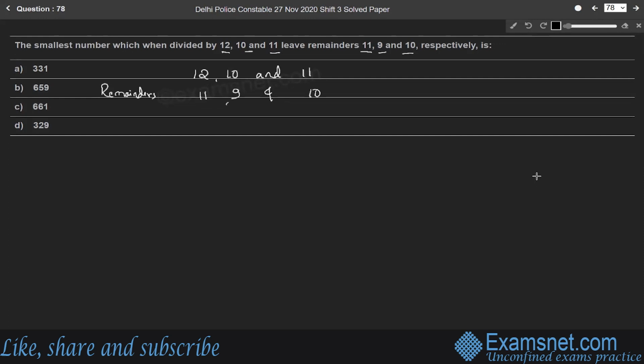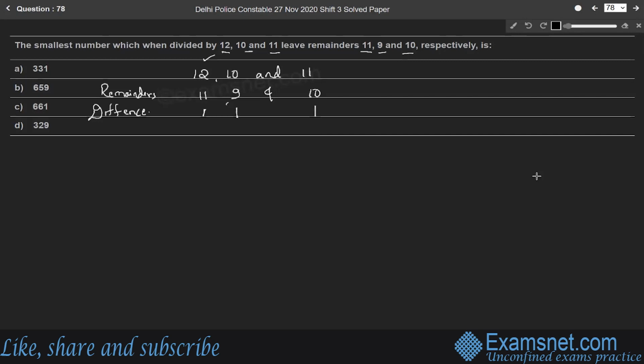Right? So the difference between the given numbers and the respective remainders, that means when we subtract the remainders from the respective number, the differences are 12 minus 11 is 1, 10 minus 9 is 1, and 11 minus 10 is 1.